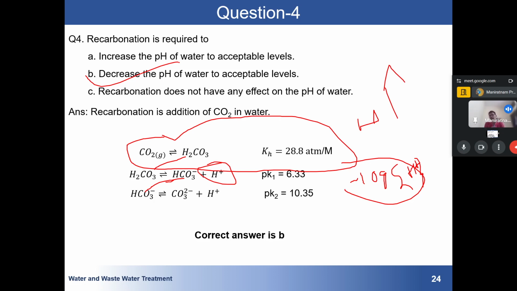So you have to make sure the pH of the system is within that range. To adjust that, we recarbonate. We add some CO2 in the water, which will result in a decrease in the pH of the system, and whatever your target for treatment of the water was can be achieved.